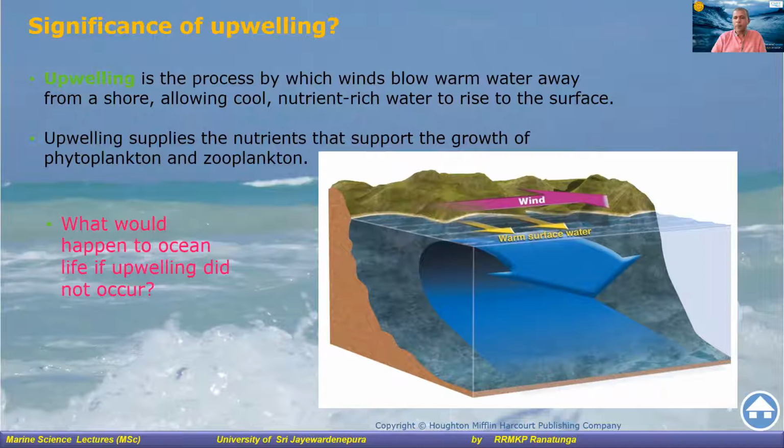So if there is no upwelling, especially in the tropical ocean, then our waters will be extremely non-productive, because especially in the tropics, because of the thermocline, the bottom and the surface waters are not mixing, and the nutrient-rich bottom waters will be at the bottom forever, and then the surface waters won't have enough nutrients for primary producers to function.